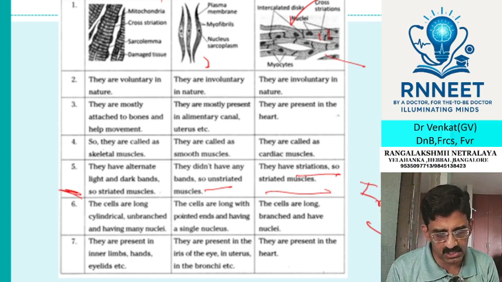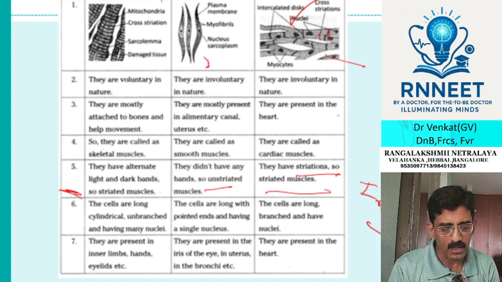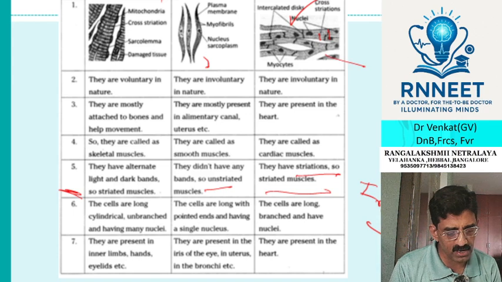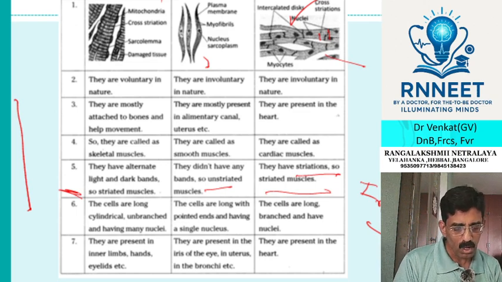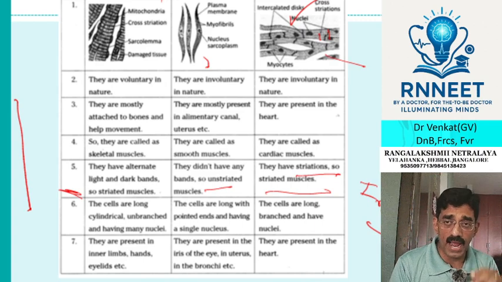The smooth muscles tend to be more like a spindle, and they have a nucleus right there, whereas the striated muscles are more long, cylindrical. They will be present in multiple packets like that, having alternate light bands, dark bands, and multiple nuclei. Whereas the cardiac muscles are typically branched.